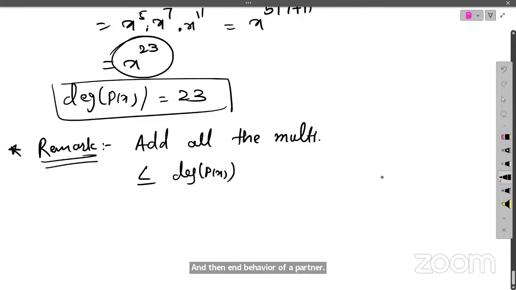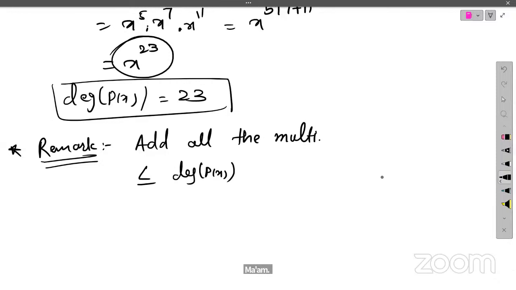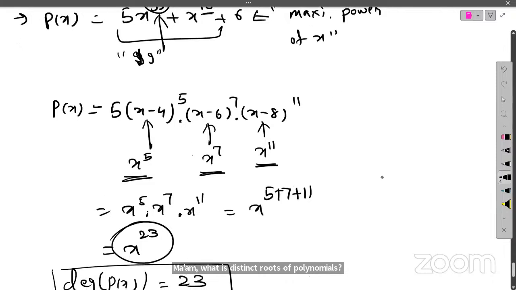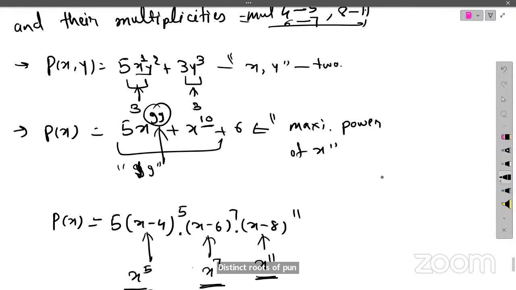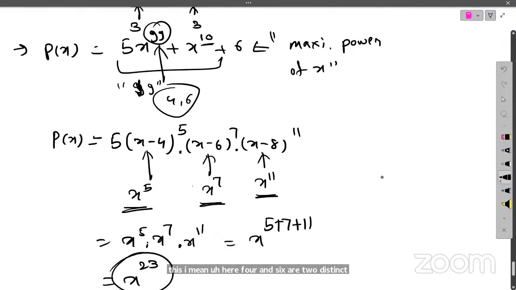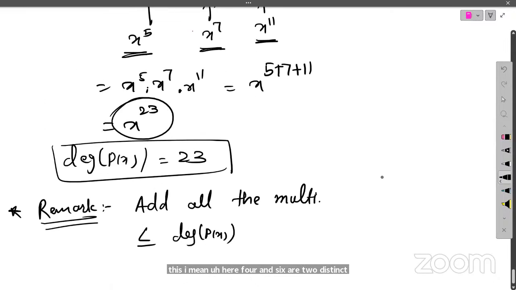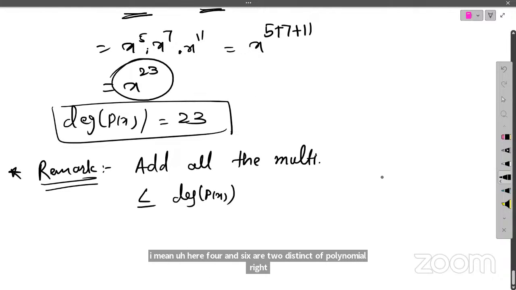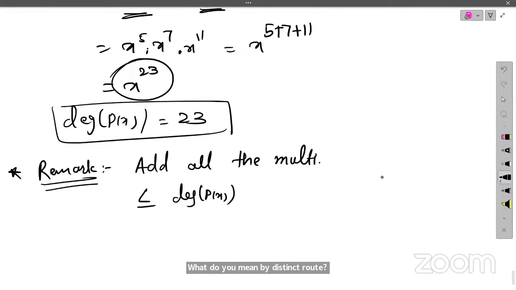Yes, and what are distinct roots of polynomials? Here 4 and 6 are two distinct roots of a polynomial, right? Critical points and distinct roots are different things.